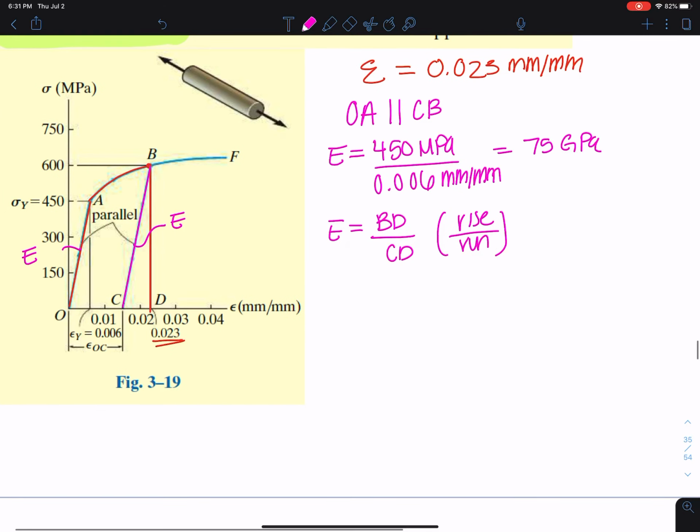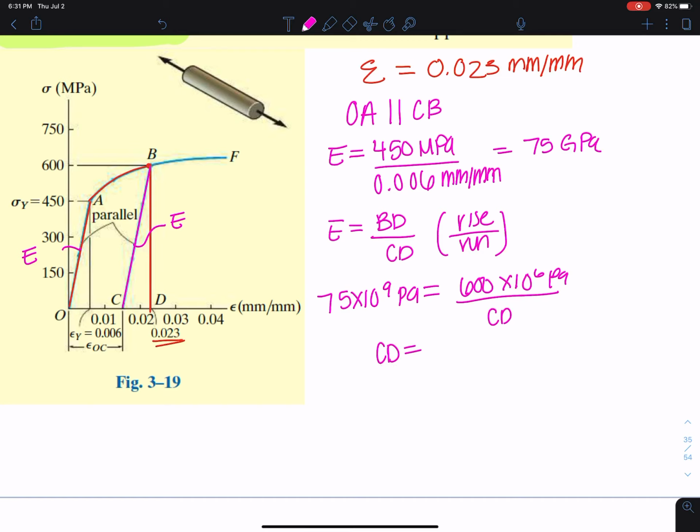So I know E is 75 times 10 to the 9 pascals, and that has to be equal to 600 times 10 to the 6 pascals divided by that distance CD, however much I had moved. So I can now get CD, which is 0.008 millimeters per millimeter. And that's here, from here to here.